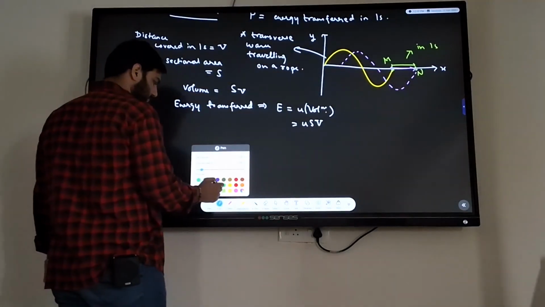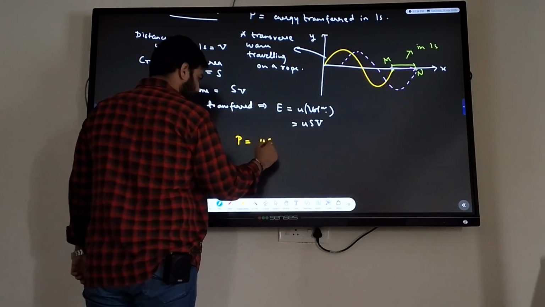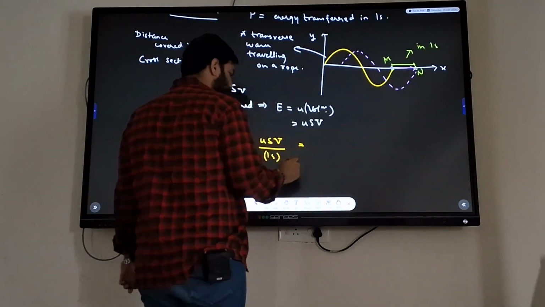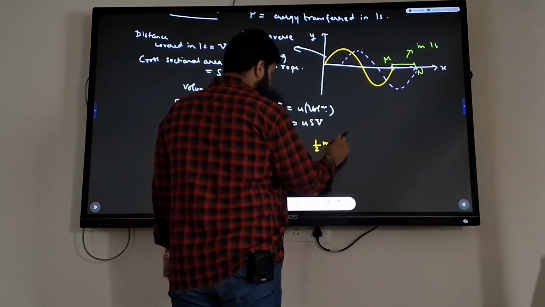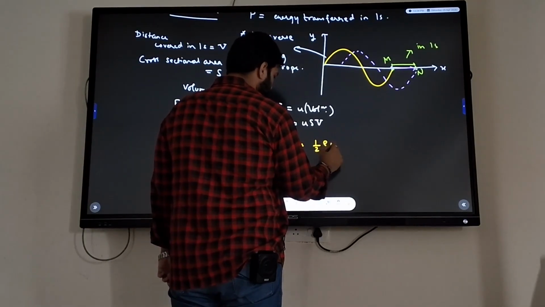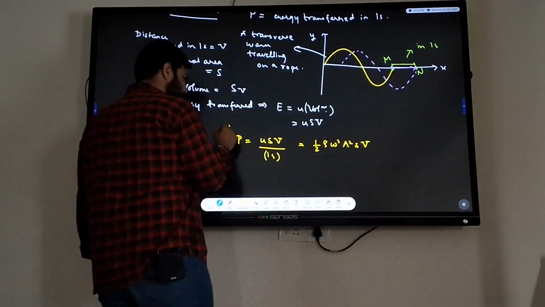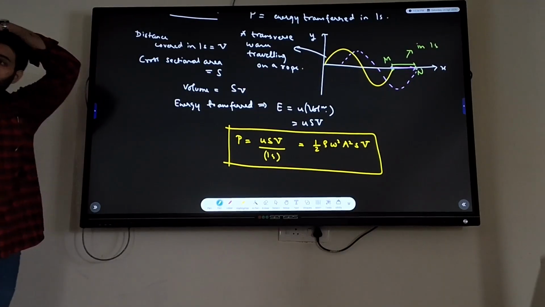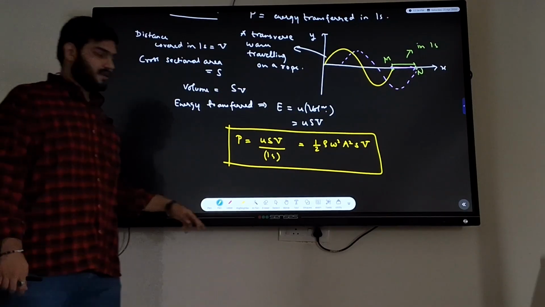Then power is equal to USv upon 1 second. And what will that be? Tell me. U is what? Half rho omega square A square, so power is half rho omega square A square S v. Where v is the velocity of the wave. Please don't forget. And S is the cross sectional area. Is it okay?